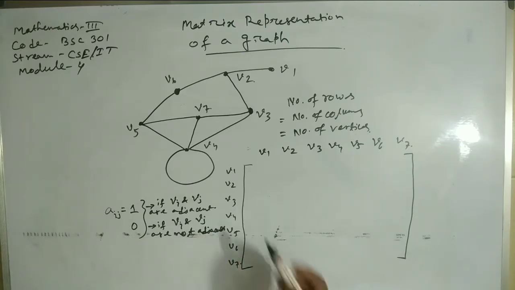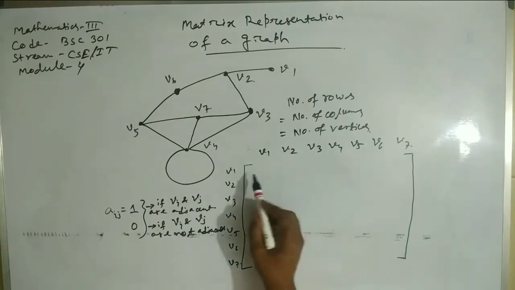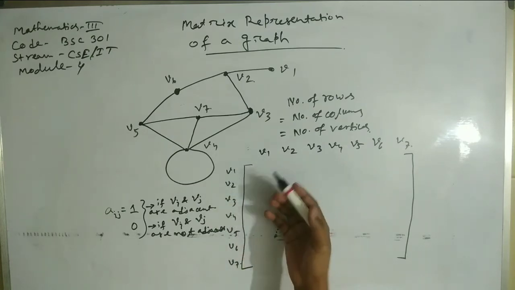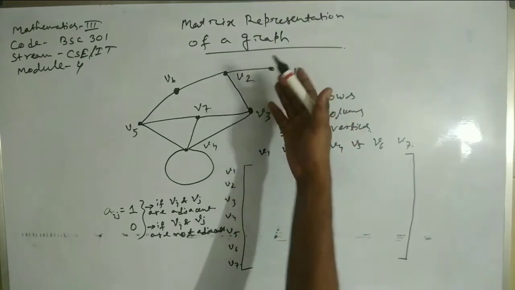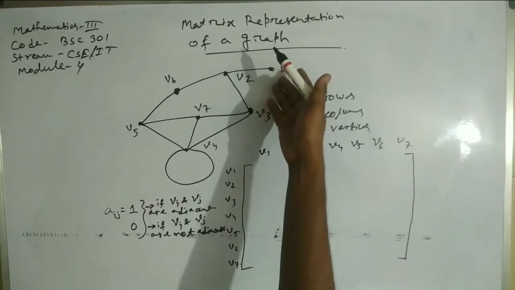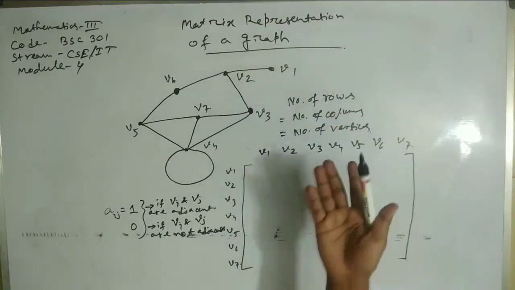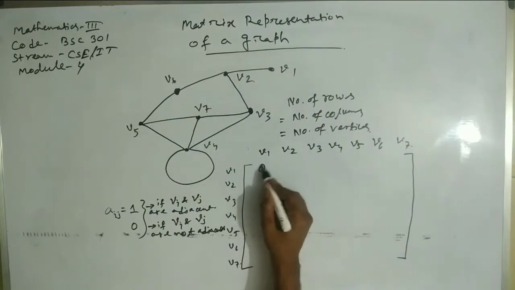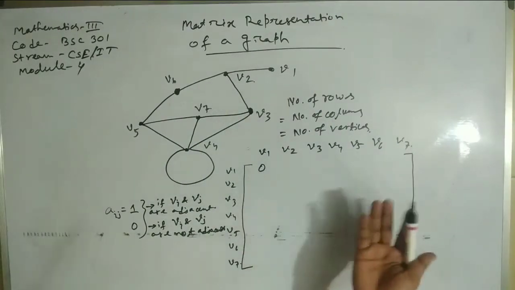So now I'm writing this matrix. First this element, that is A11. So is V1 adjacent to V1 or not? That is, is there any edge from V1 to V1? There is no edge from V1 to V1, which would mean there should be a self loop. There is no self loop, so this will be 0 since V1 is not adjacent to V1.